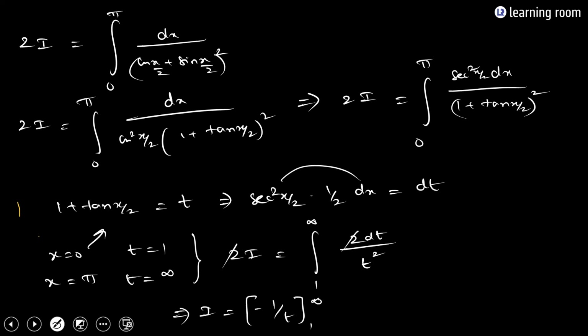But what is t? So minus 1 by infinity minus of minus 1. So what will I get? I will get plus 1. So I is equal to 1. Is that the answer?